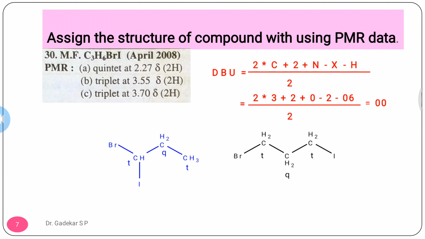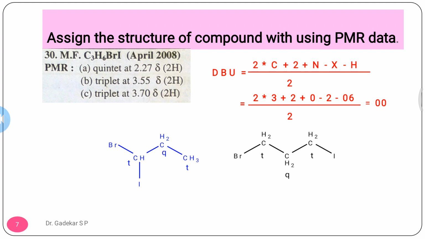Next example. Assign the structure of compound using PMR data. 30th example. Molecular formula C3H6BrI.